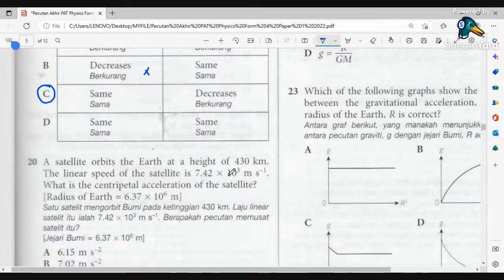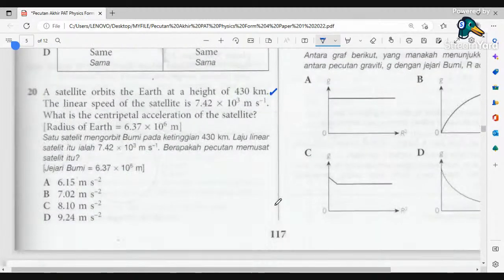Number 20, a satellite orbits the Earth at height of 430 kilometer. Linear speed given. What is centripetal acceleration of the satellite? Okay. Soalan ni kena faham formula.